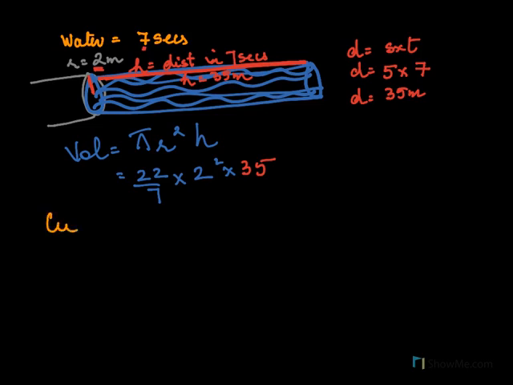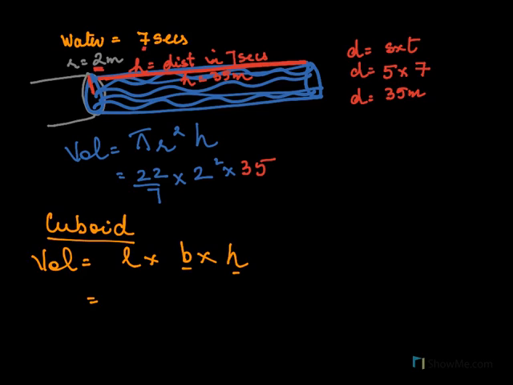To summarize it, if your water is coming out from a cuboid, you will write volume is length into breadth into height. The breadth and height will be given to you. However, the length will always be speed into time because it is the distance traveled by the water.